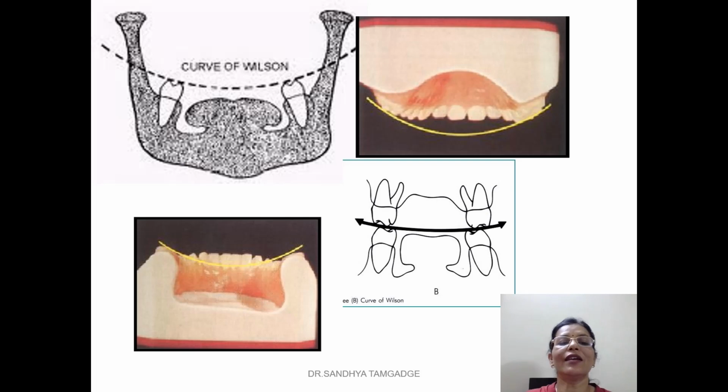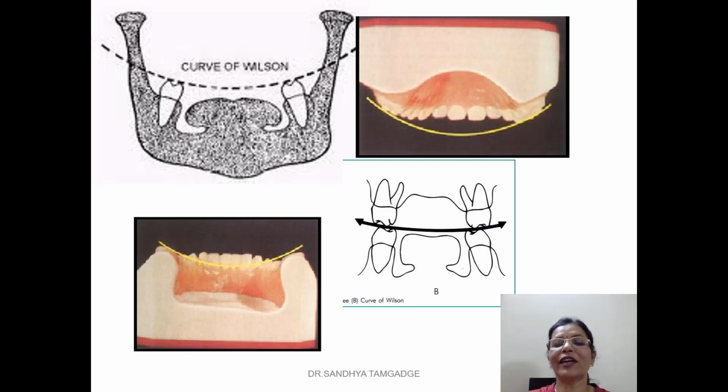So we will see in the images. You can see in the upper first image, the mandibular teeth are inwardly inclined. If you join the occlusal surfaces of both the sides, it will form an arc. So it is mediolateral of both the sides, not the anteroposterior. So this is called as curve of Wilson.